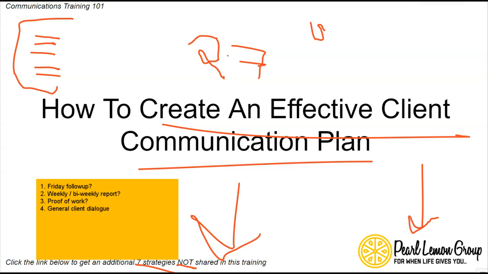So client dialogue and reporting should be a general fixture of work. But what you also want to organize is, what's the protocol when a client is non-responsive? What is the protocol when a client is only responsive on a particular channel?